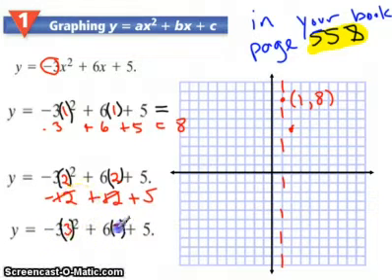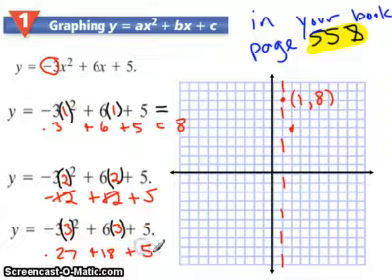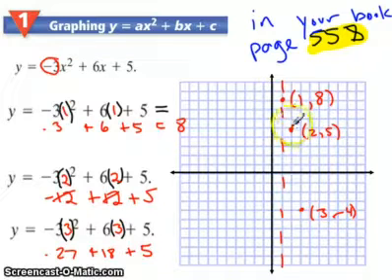And we can just continue a little bit further. 3 squared is 9 times -3 plus 18, that would be 9. Sorry, -9, and -9 plus 5 would leave us at -4. So when x is 3, y is -4, and that just gives us a couple more points. 3, -4, and then when I plug in 2, I got out 5, so 2, 5. And you may say, well, that's only half the picture. Well, I can get the other half by using the idea that this is the line of symmetry.